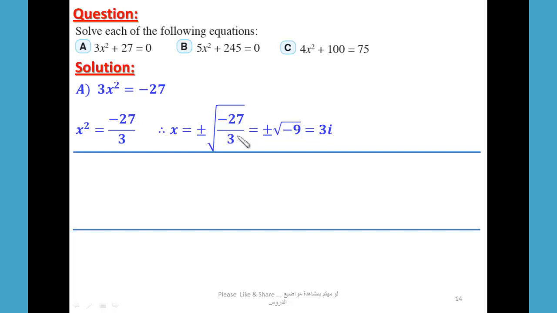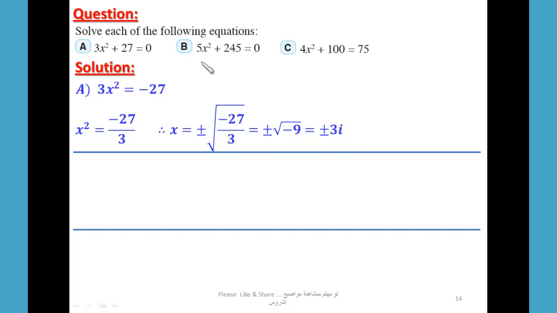Negative 27 over 3 equals negative 9, and you know that the square root of negative 1 is i. We write it, and the square root of 9 is 3. So the final solution is x equals positive or negative 3i. Again, x equals positive or negative 3i.